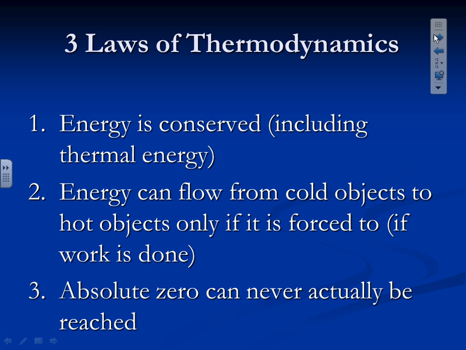It's a theoretical idea, but in reality, we can't get there. We get close, but we can't get to that point where all movement stops because energy has to be conserved. So if you make something colder, something else is going to get warmer. And you can't get to zero because there's nothing below zero. Does that make sense? Good? Okay.